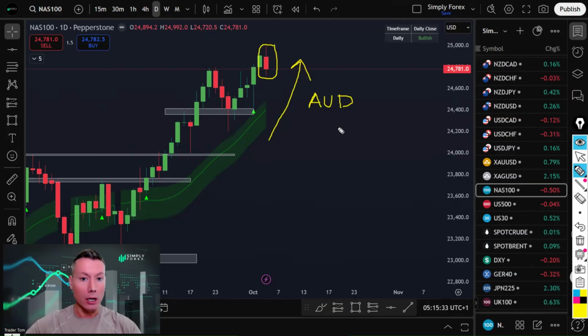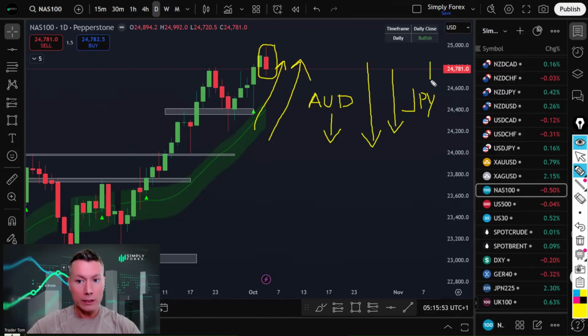So risk on, people invest in stocks, the indices do this. In a risk off environment, the opposite is true. If the indices start doing this, then Aussie dollar becomes weak and Japanese yen becomes strong. So this is really important that you understand this correlation and this dynamic.